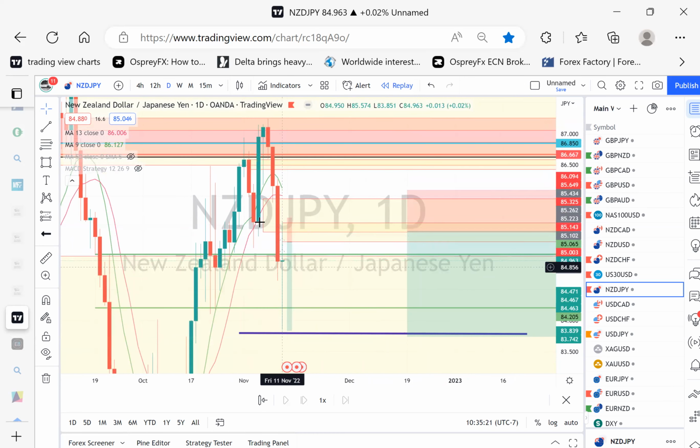This is the impulse move that ran through this order block, right? So you've got to understand that the higher time frame helps you come down to this level and make a determination or see the market for what it's really doing.